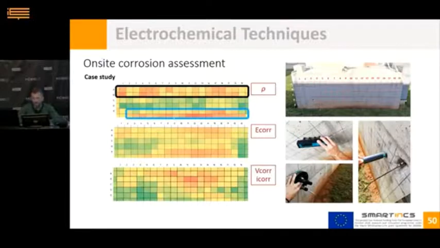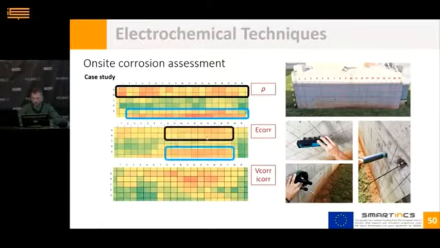Analyzing the corrosion potential map, areas of higher risk also appear in these zones, the upper part and close to the ground. However, the corrosion rate map shows only the upper part of the wall as the risk one.